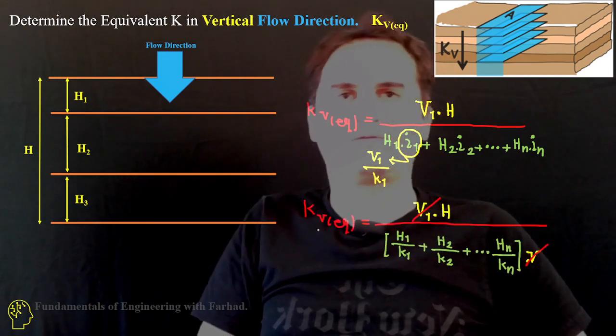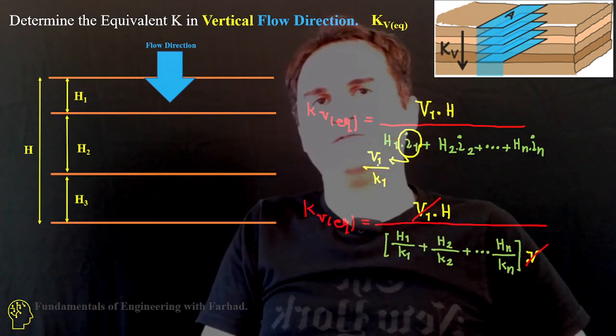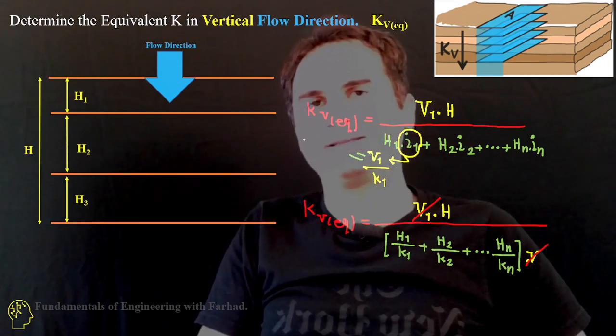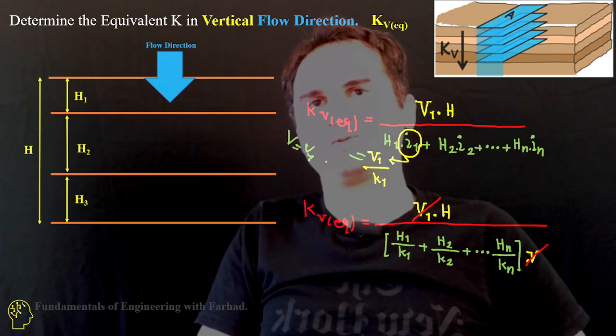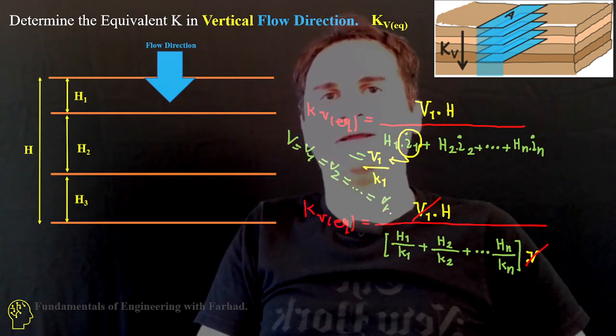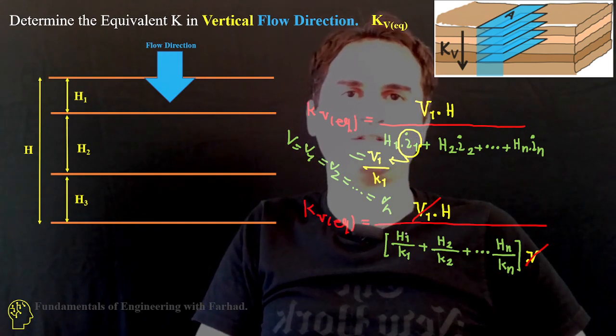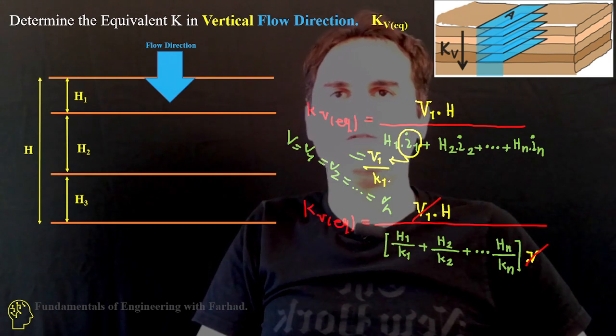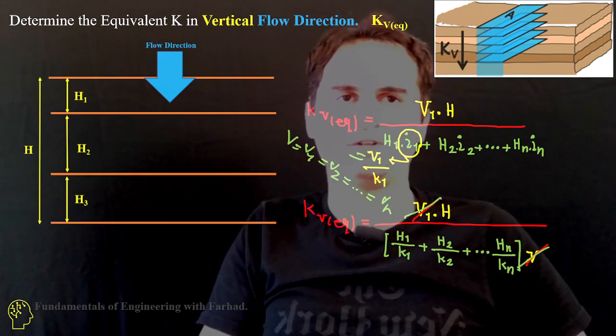You replace that for all layers. We know from previous slides that velocity remains the same, v1 is equal to v2 is equal to vn. So if we factor out velocity in the denominator, and because v is equal to v, we can cancel these two out with each other.